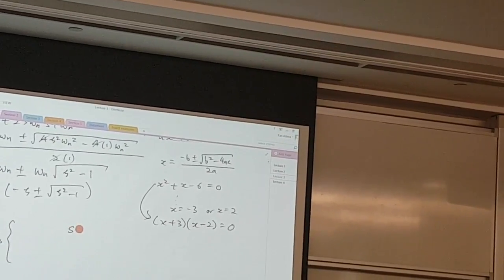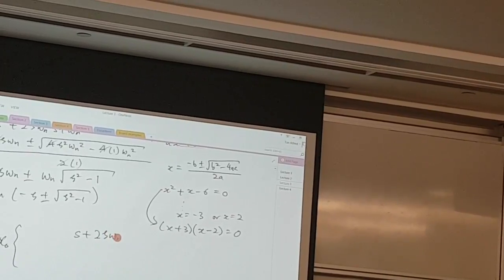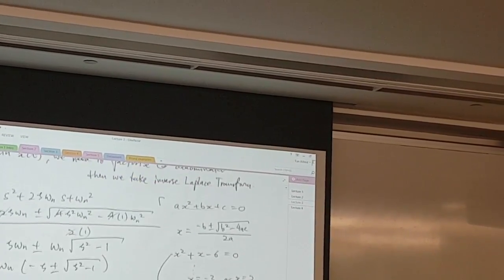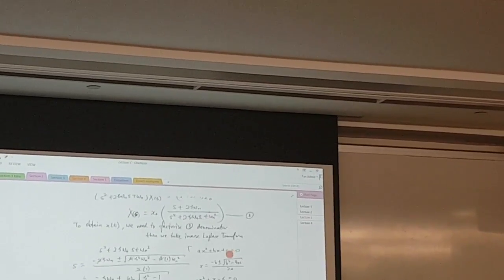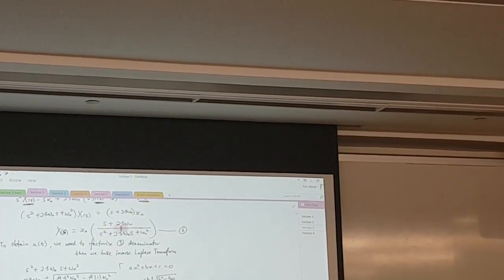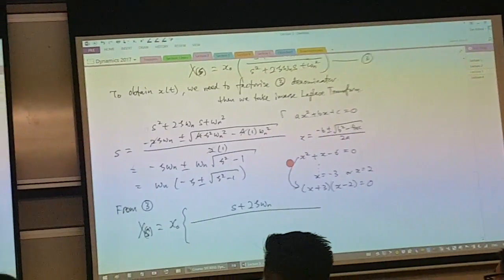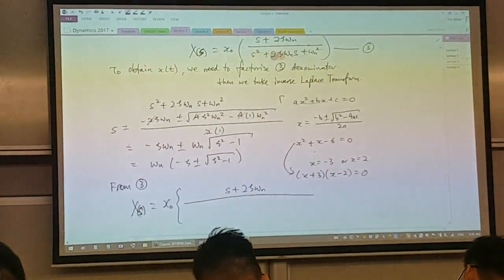The numerator 2 plus 2 zeta omega n is going to be there, right? If you refer back to your equation 3. Equation 3 is here, so I'm just rewriting this. But this part I have already factorized.